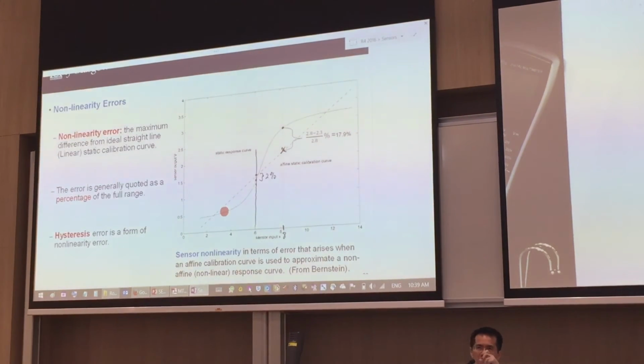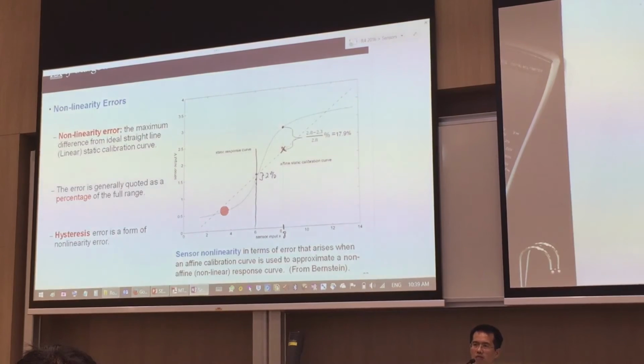And the question asked is, why can't we just live with a nonlinear response? I seem to know how it behaves. Why can't I just live with that? Now the reason is, it's just like if you've driven a car before, when you step on the accelerator, did you discover that the amount that you press down is not going to be a linear response?